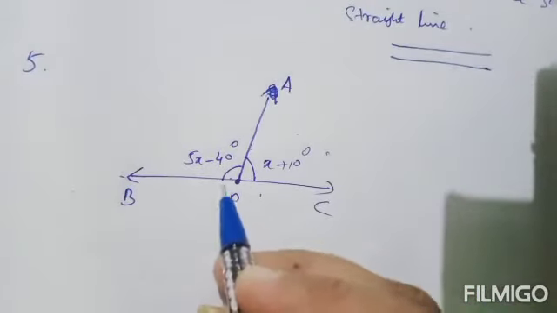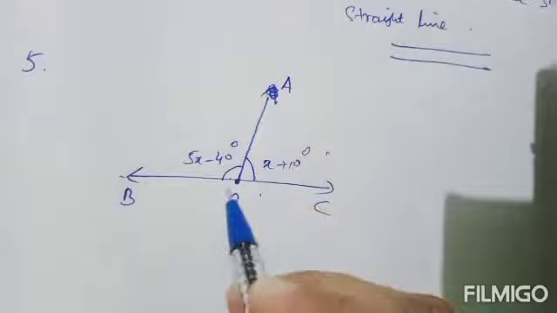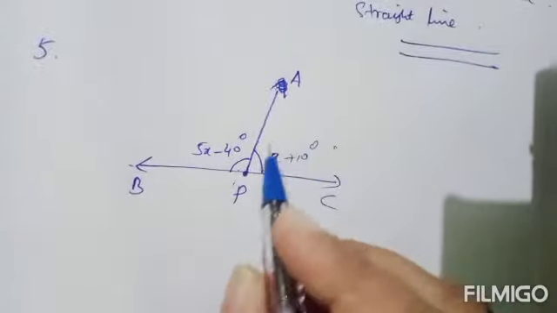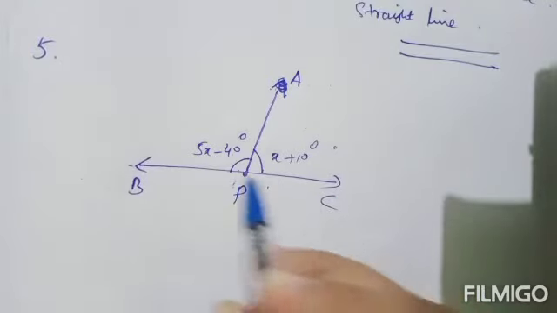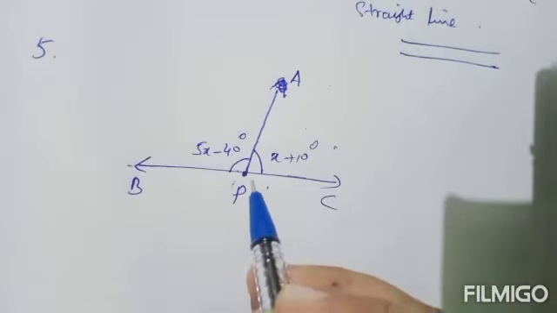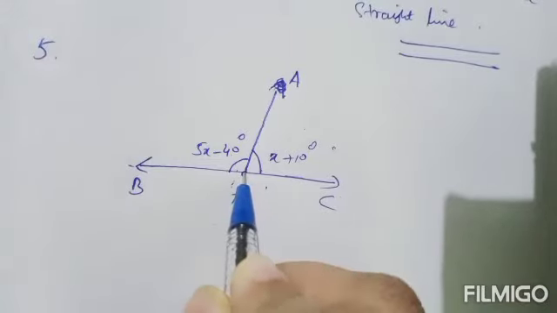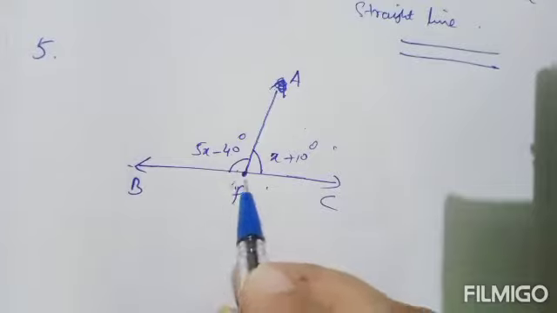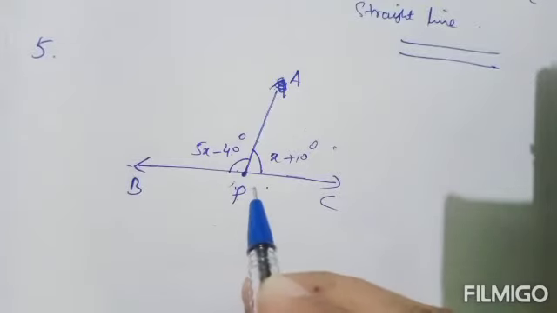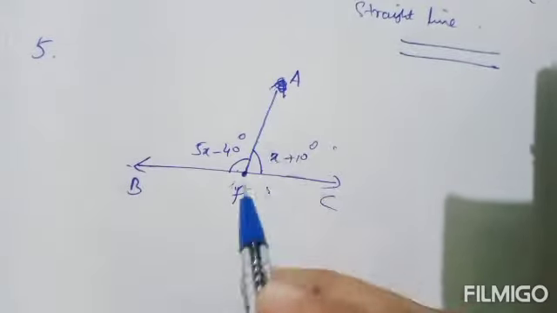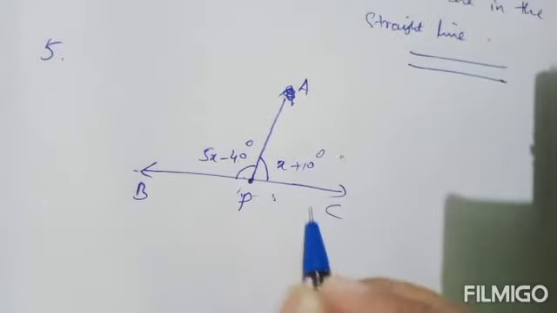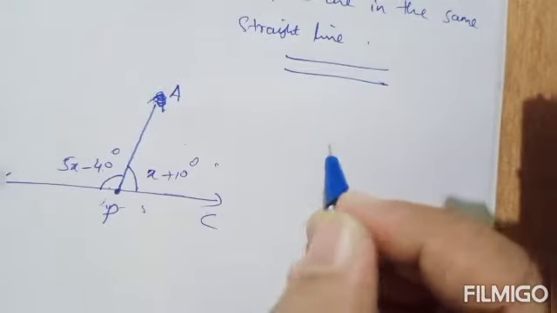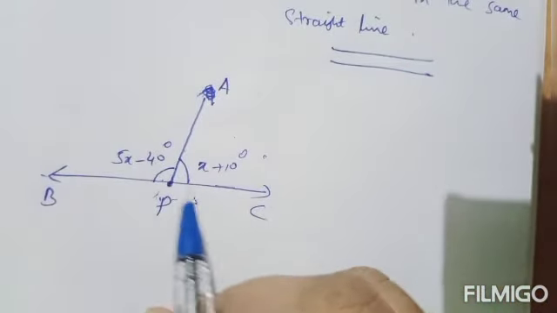You have to find the values of x and angle APB. Here you can see angle APB and angle APC form adjacent angles. They have a common vertex P, common arm AP, the other arms BP and CP are on the opposite side of common arm AP. So, angle APB and angle APC are adjacent angles.